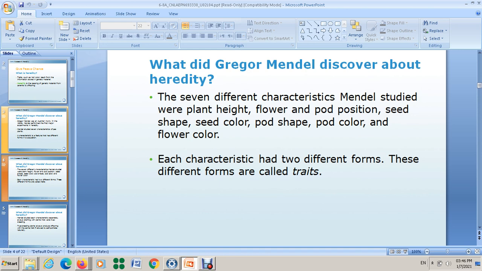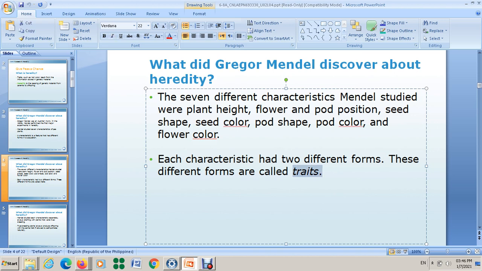Each characteristic had 2 different forms. These different forms are called traits. Again, each one has 2 different forms, and each one is called a trait. You have to know the definition of trait, which is very important.